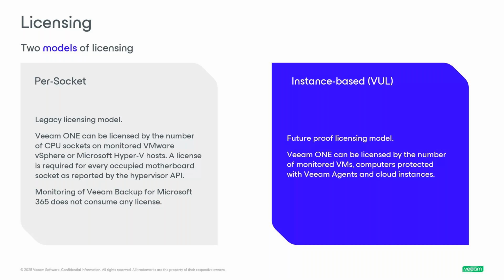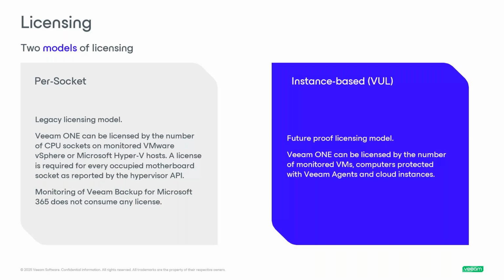And the more familiar type of license is VUL. This is what is used today. This is the most popular license, and it's licensed per machine that you're protecting.